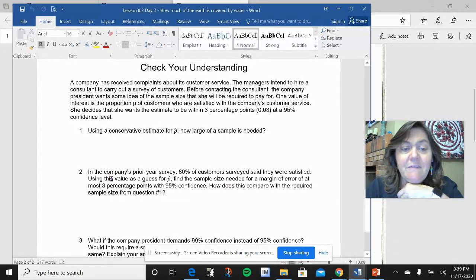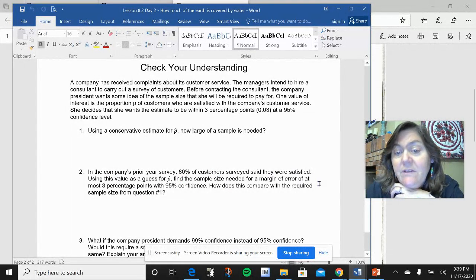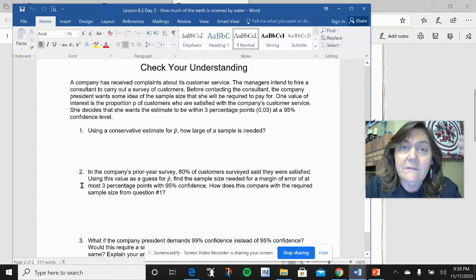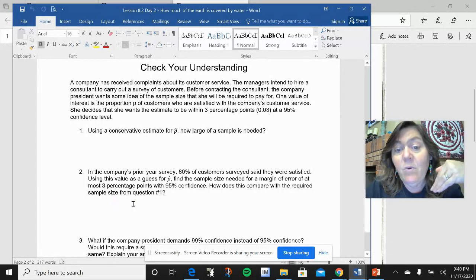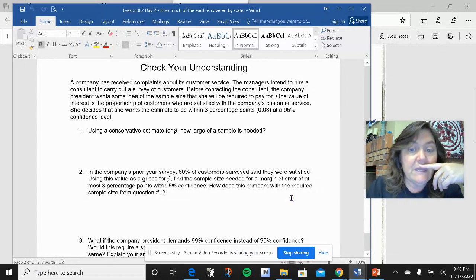I kind of sort of gave this away, but in the company's prior year survey, 80% of customers surveyed said they were satisfied. So because we have a previous study or a survey, instead of using 0.5, which was the conservative estimate, now go back in and do it with 0.8. And use that, find the sample size that would be needed for a margin of error of at most 3 percentage points there.